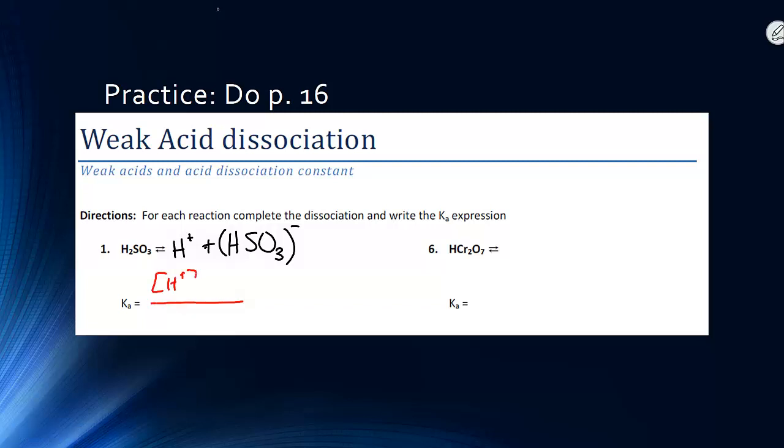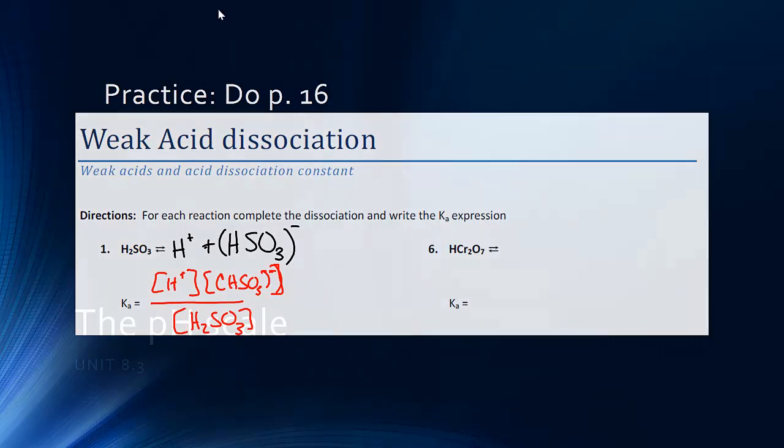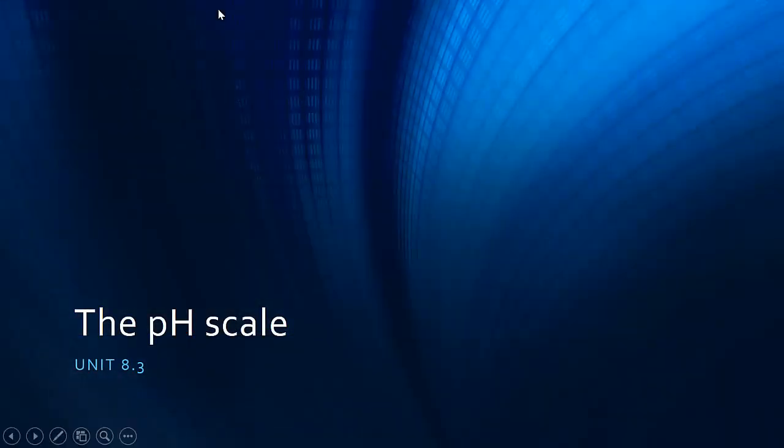So the concentration of hydrogen times the concentration of the bisulfite ion over sulfurous acid's concentration would give you Ka. Do the same for all the others, and that will be the end of Unit 8.2. I will see you next time where we talk about calculating pH from those Ka and Kb values.